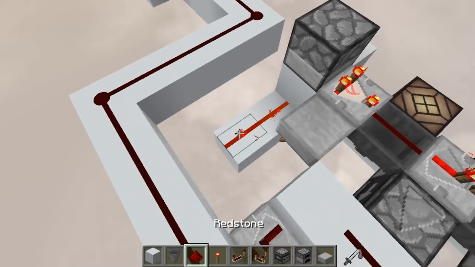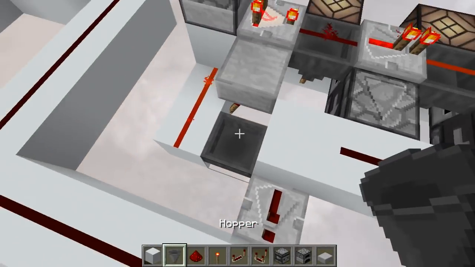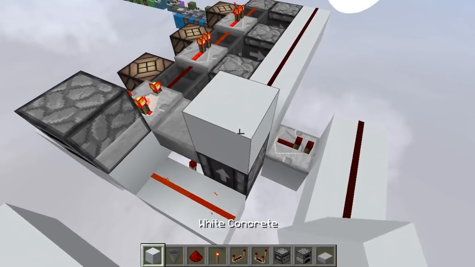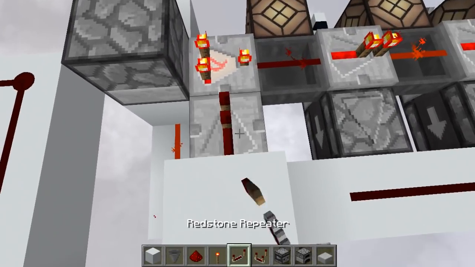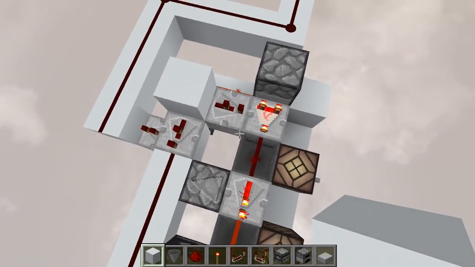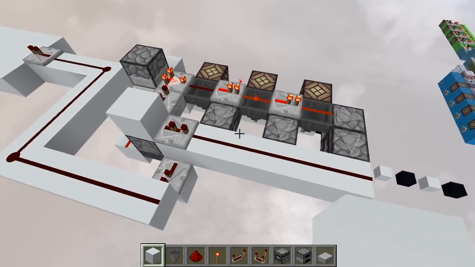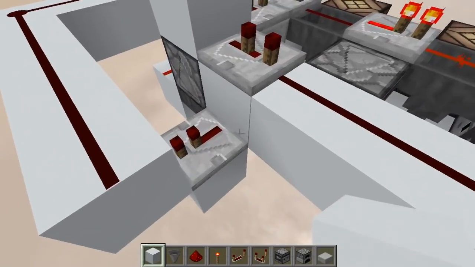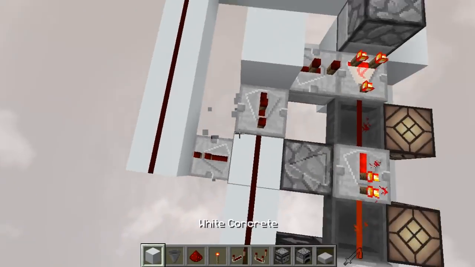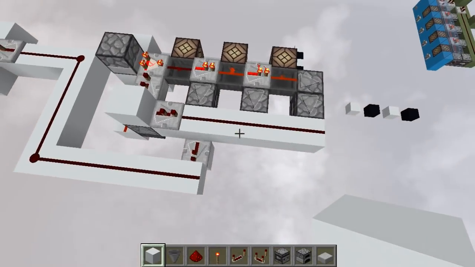So down here we can place another hopper, an observer block facing up with a solid block, and now 2 repeaters. They are both set on 2 ticks like this, so this is pretty easy to modify. And now this block doesn't do anything, so we also have to shift this thing to the side.